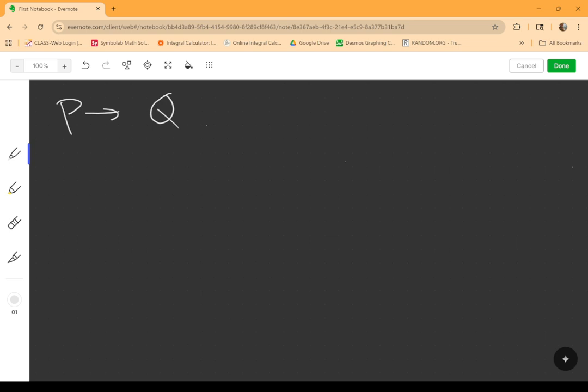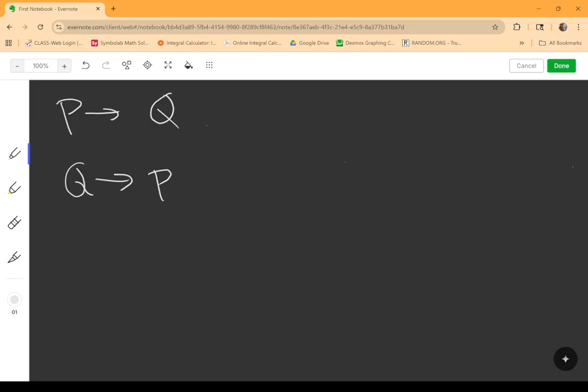Now, that's not to say, let's take, for instance, the converse, that this is always going to be incorrect. In some cases, while not logically equivalent, both of these two statements might be true.